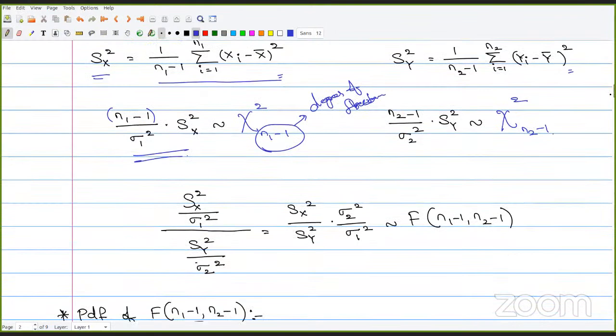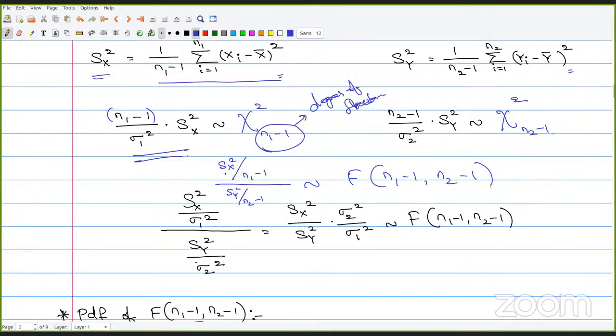It's actually the division of two chi-square distributions: Sx square divided by (n1 minus 1), divided by Sy square divided by (n2 minus 1). This will follow F with n1 minus 1 comma n2 minus 1.